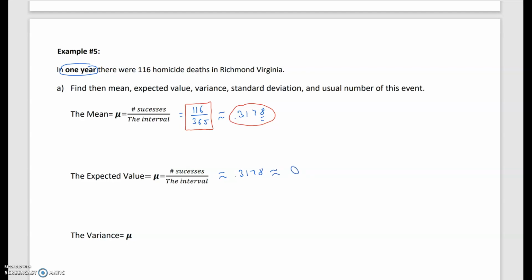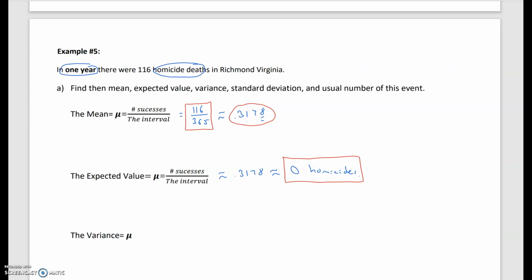And this is actually good because we're talking about 0 homicides. When we're reporting expected values, they are going to ask us for the units. Some of the problems may want you to round up to the nearest integer. So in that case, you would report 1 homicide, which is technically the average of what they're expecting.